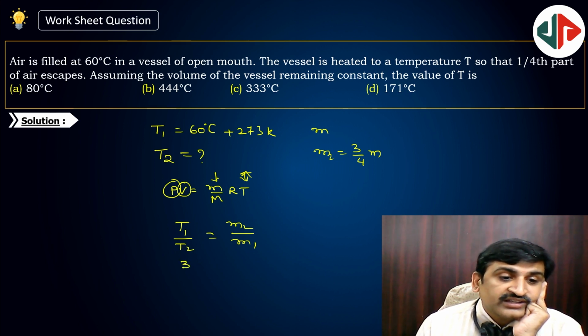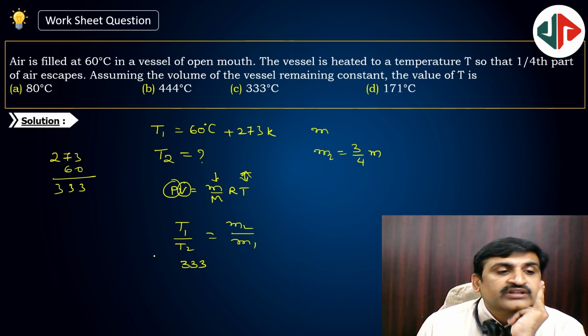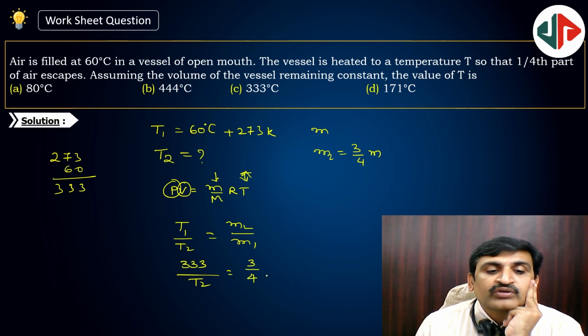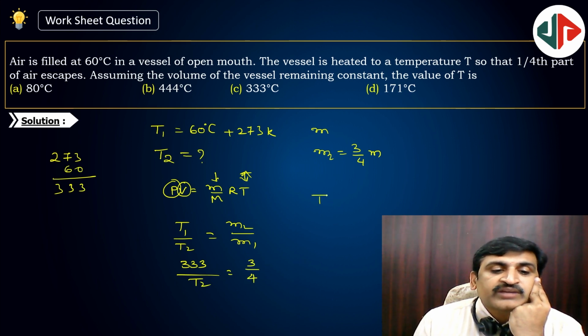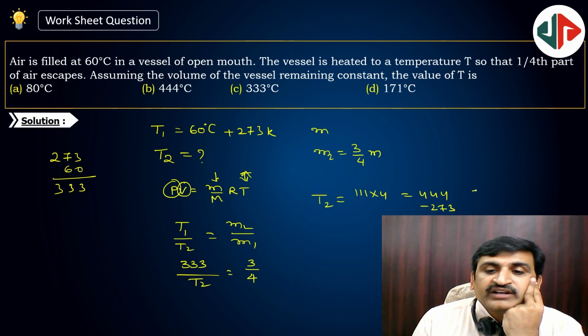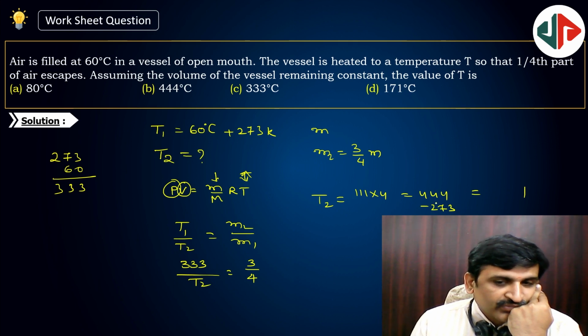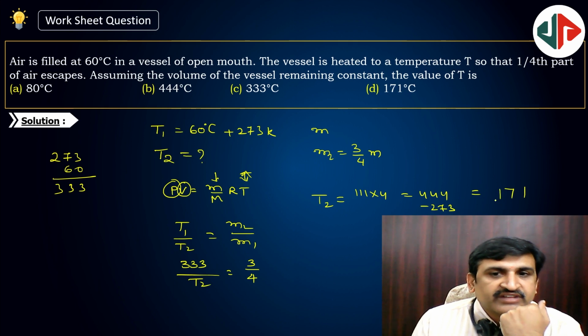T1 in Kelvin only you need to use, so 333, correct? 273 plus 60. So 333 by T2 is equal to M2 by M1, which is 3 by 4, and the mass gets cancelled. So T2 can be solved for: 111 into 4 is 444, minus 273 will give 171 degrees Celsius.